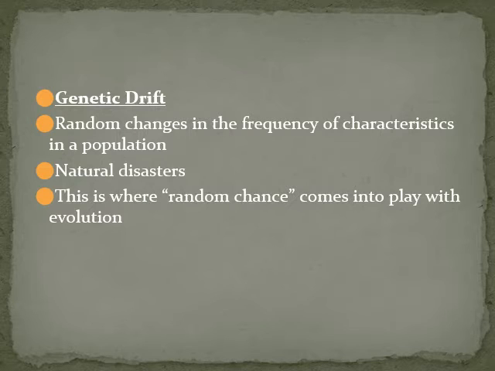And this is the one and only time random chance comes into play with evolution. Very often in documentaries or people describing evolution, they throw this word random around very often, and it sort of makes it sound like evolution is literally random, and it's not.